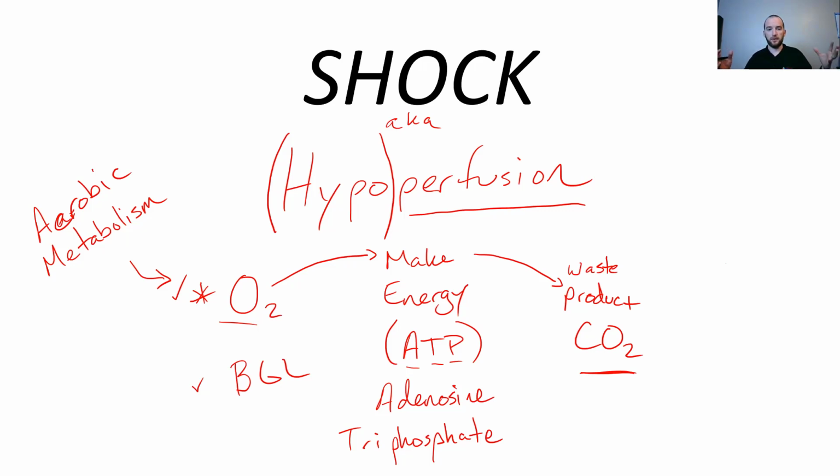That's the beautiful thing about it. It's easy to get the oxygen in, and it's easy to get the waste product, carbon dioxide, out. That's when everything is going well, in nice, happy, healthy aerobic metabolism, which again means we've got plenty of oxygen in the system.